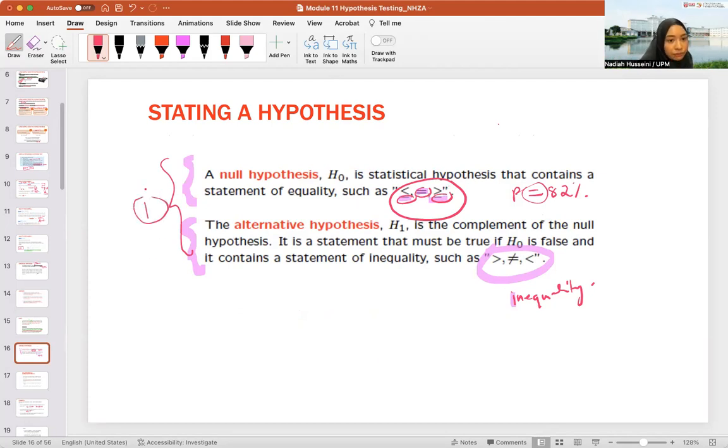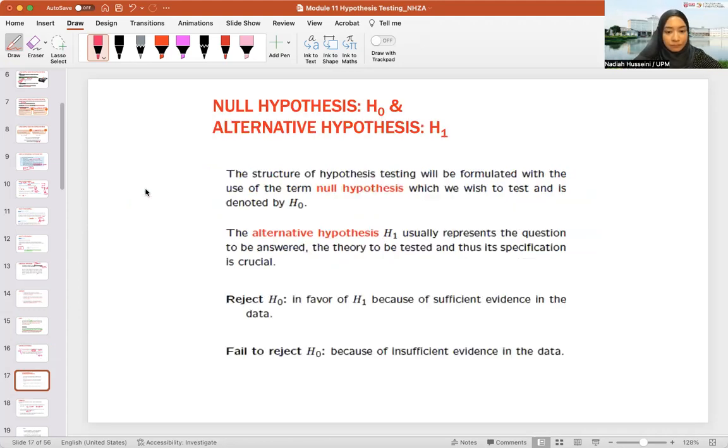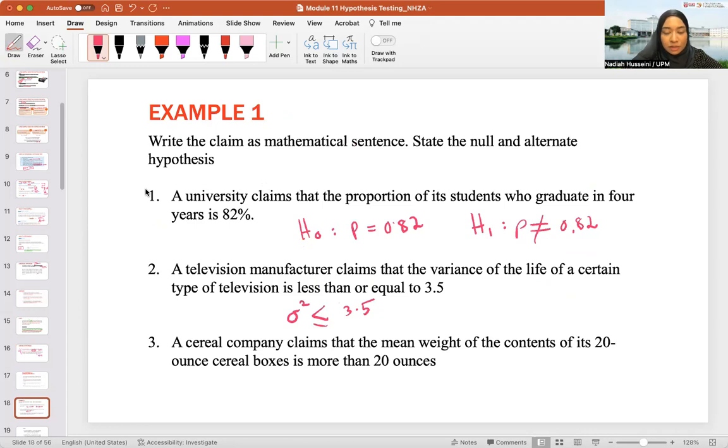So this is your first step, looking at the signs, because your mathematical sentence is factual. You can't change that. If you have this equality sign, it becomes your null hypothesis. So what's going to be the alternate hypothesis? Something that is opposite of this, which is greater than 3.5.